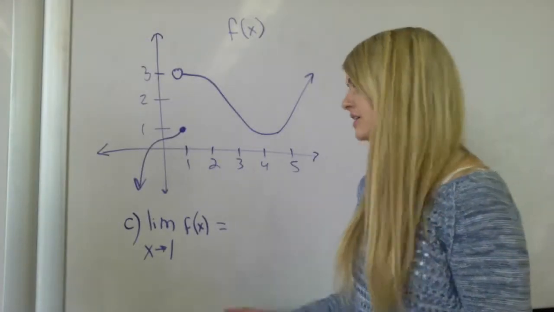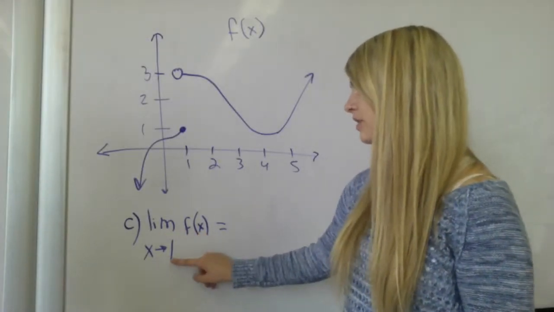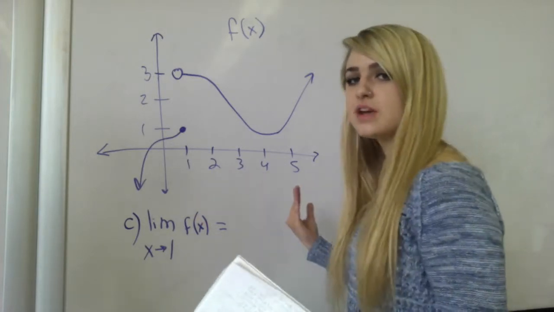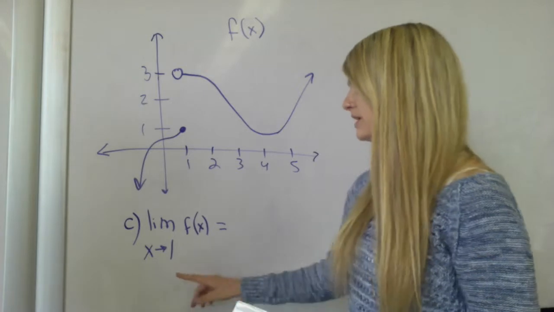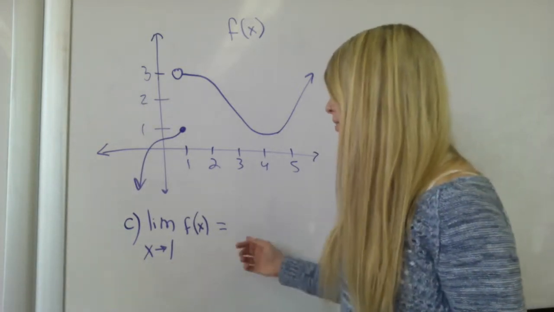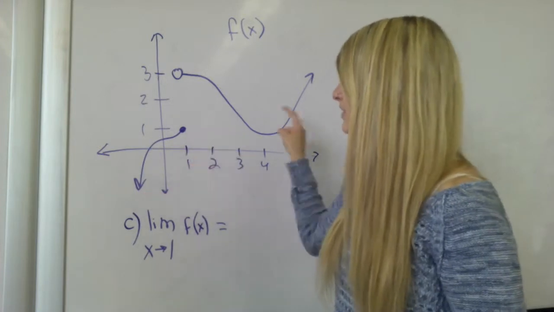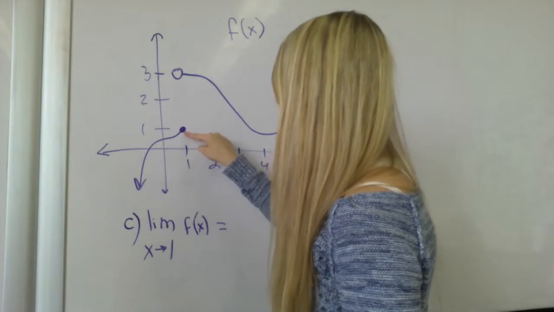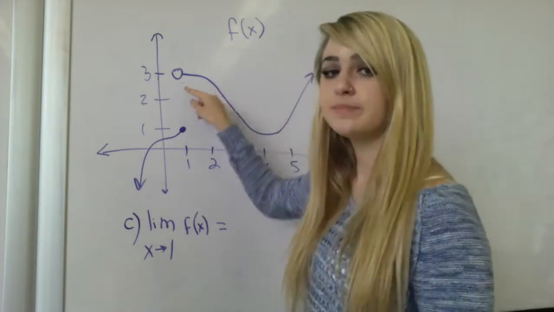Now we want to find the limit as x approaches 1 of f of x. So that's not from the right, not from the left. But in order for a limit to exist at a point c, which is 1 in this scenario, the limit from the left and the right have to be the same. As we just went over, the limit at 1 from the left is 1 and from the right is 3.